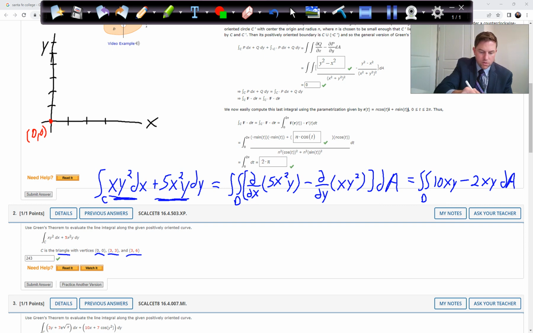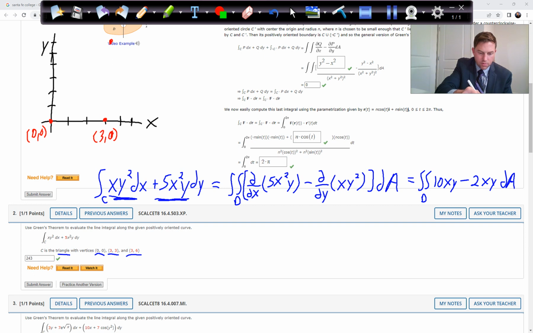It's going to go to (3, 0)... and then (3, 6). So 1, 2, 3, 4, 5, 6.